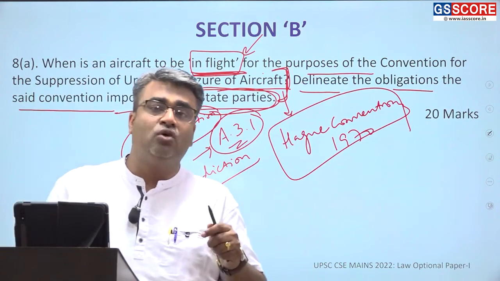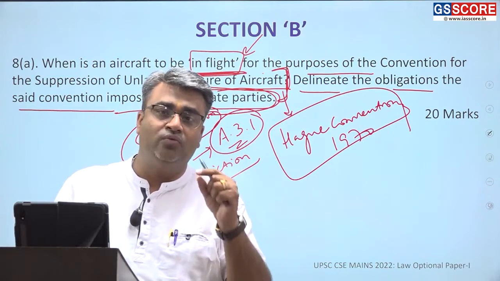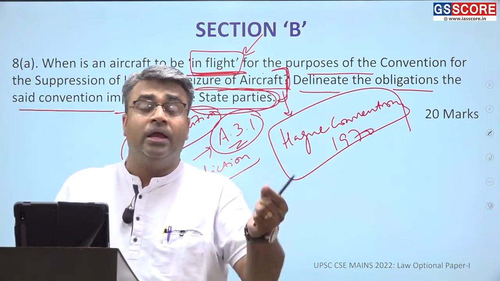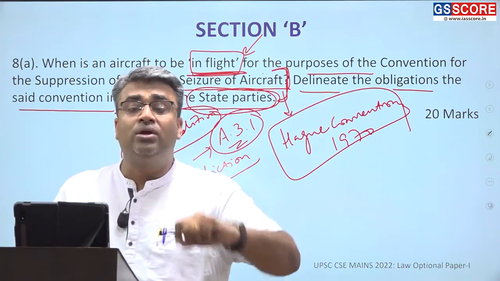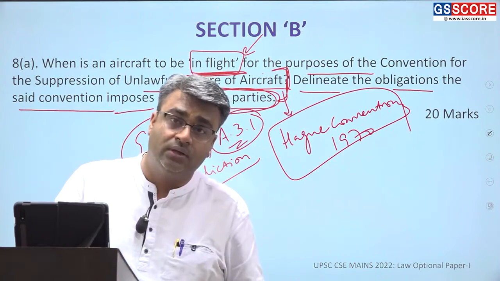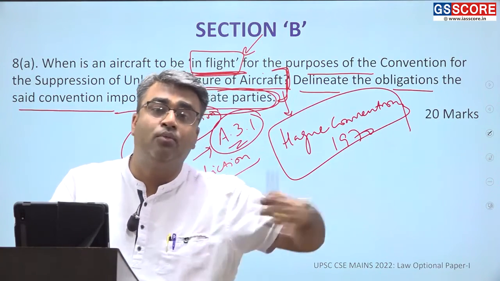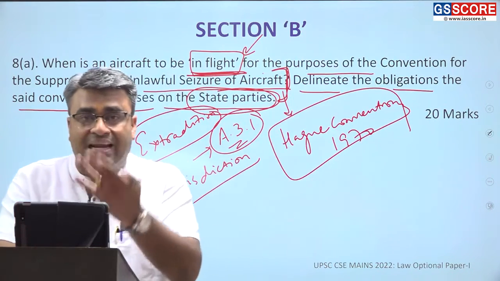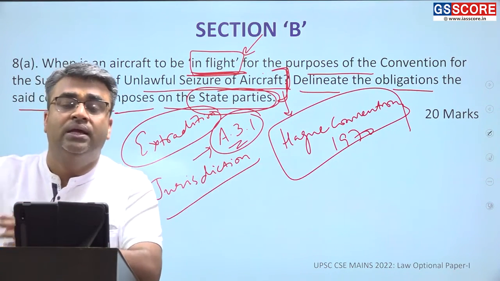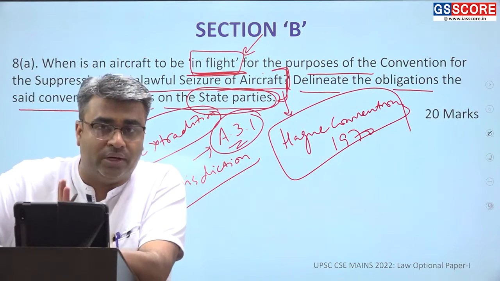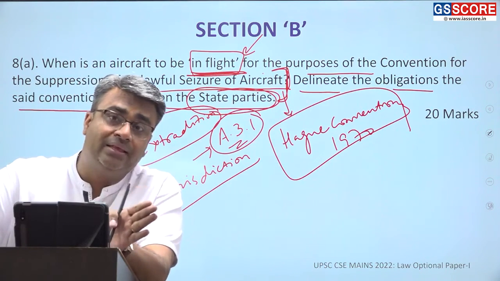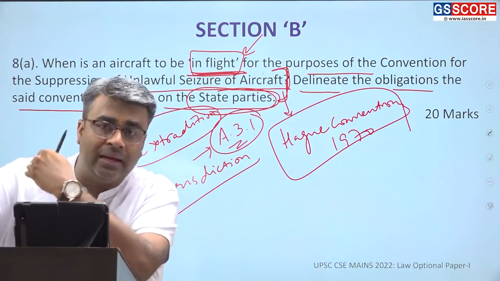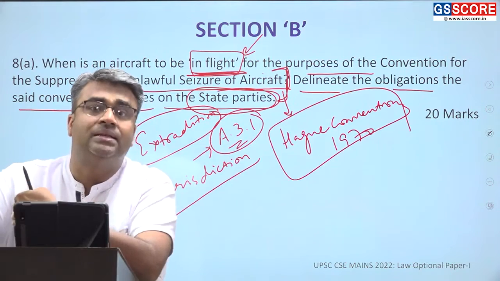For example, in the case of a few hijackings of Indian planes by Pakistan-sponsored terrorists, in many of the cases, Pakistan has not given punishment to those offenders, and even Pakistan has let them off from this punishment. So this convention basically provides that the offender should be prosecuted, even if by the state in which the plane actually lands, or the state to which the plane belongs.